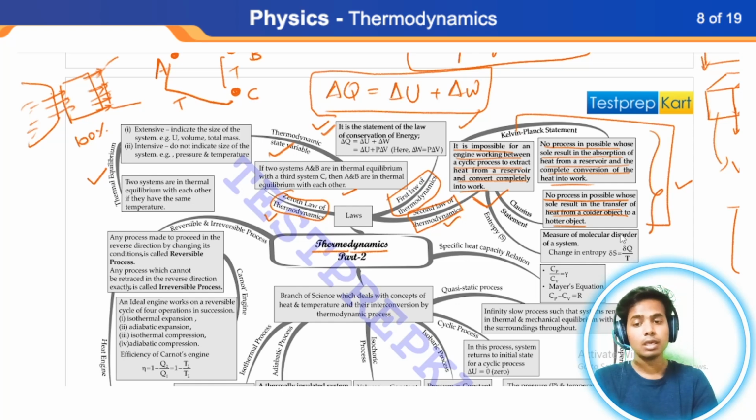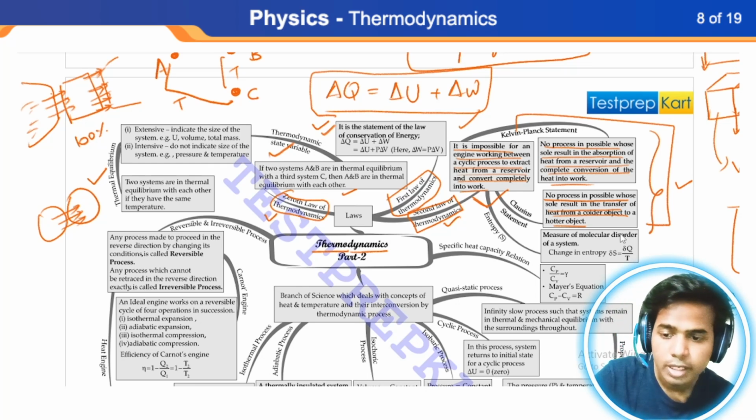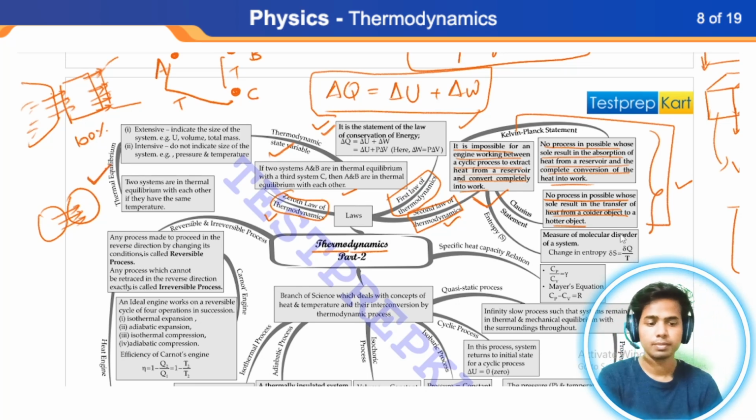That means the temperature should be the same, only then there will be no heat transfer, right? If two bodies come together and no heat is transferring between them, it means the temperature of both is the same. This is what thermal equilibrium is talking about.